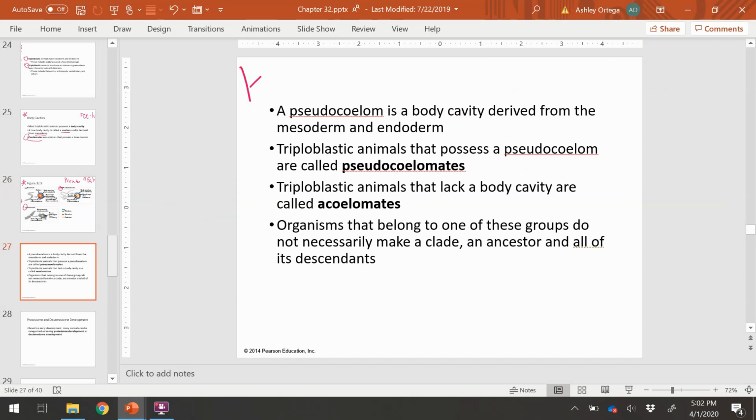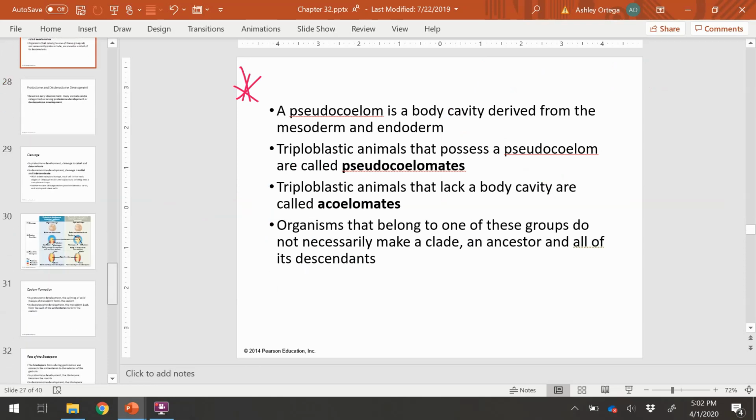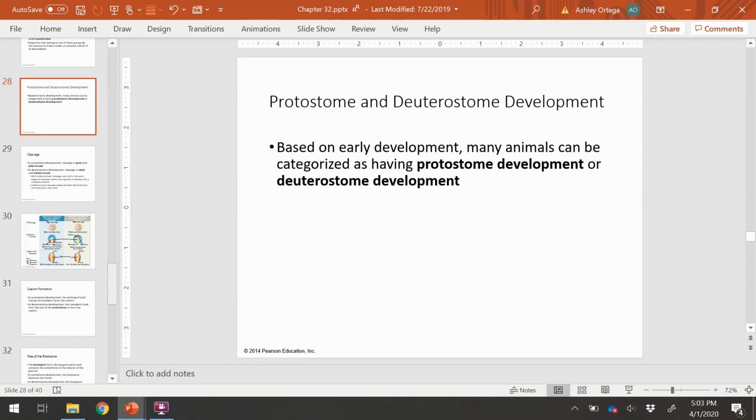Right, and here's also a good slide to know if you like words more than pictures. Pseudocoelomate and acoelomate are here. It comes to one of our last things here in terms of animal development. As the zygote grows into the embryo, we have two major differences in different types of animals, and we've classified them by name into protostome and deuterostome development.